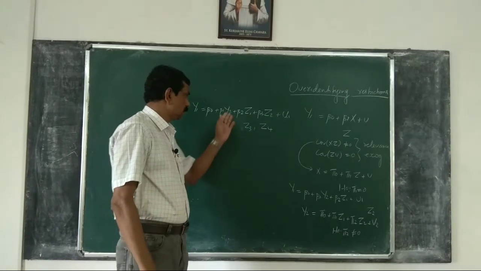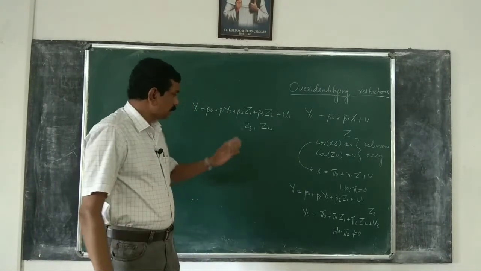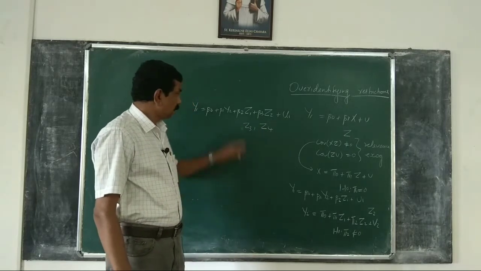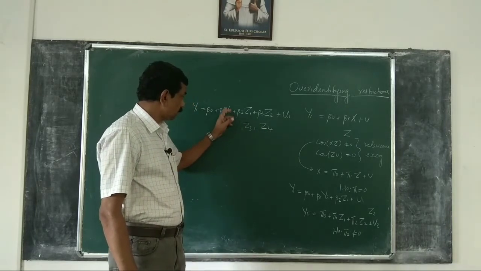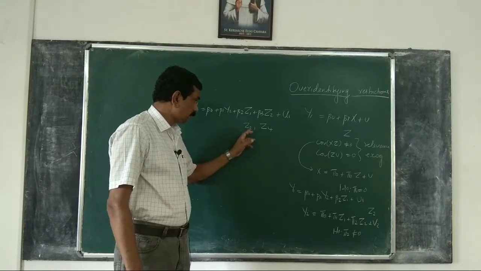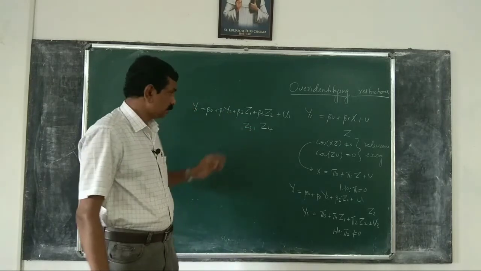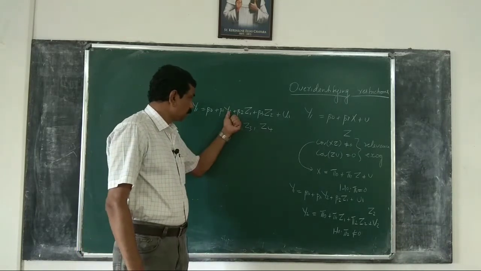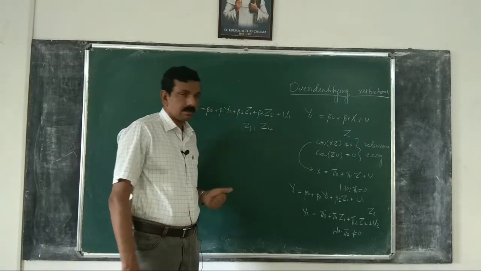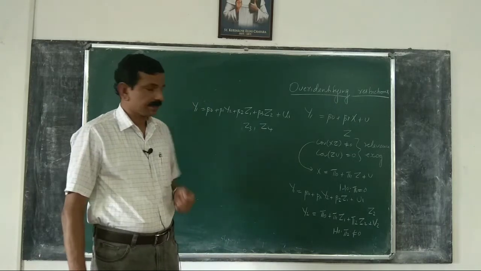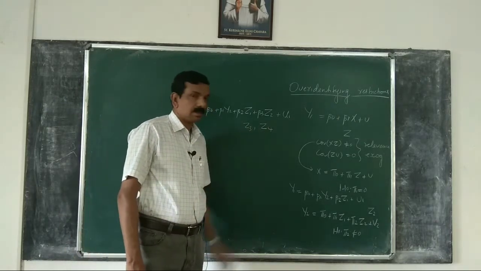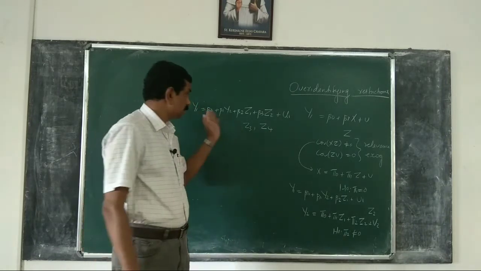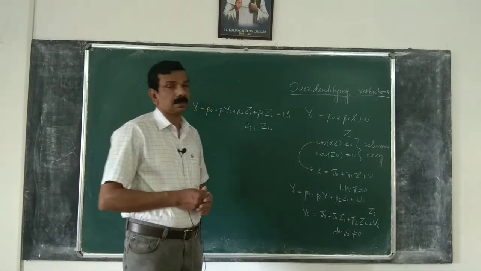Actually, only one instrument is enough, but we have two instruments. If there is one endogenous explanatory variable, only one instrument is enough. It is known as just identification. If more than one instrument is available, it is known as over-identification. If no instrument is available, it is known as under-identification, because you cannot estimate this equation at all.